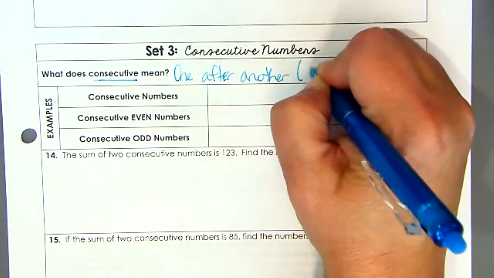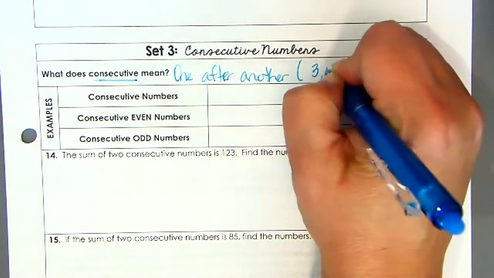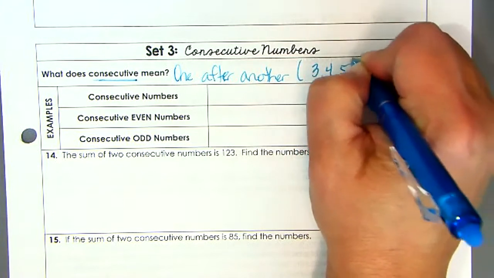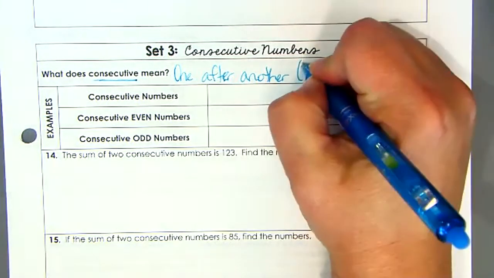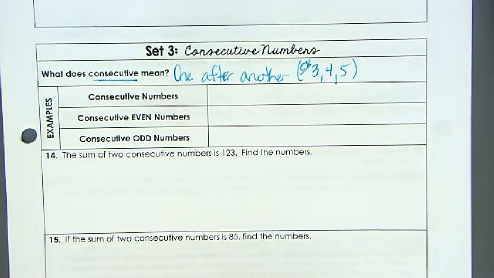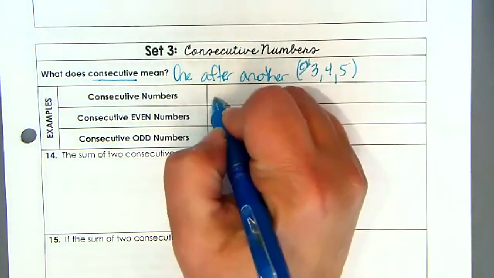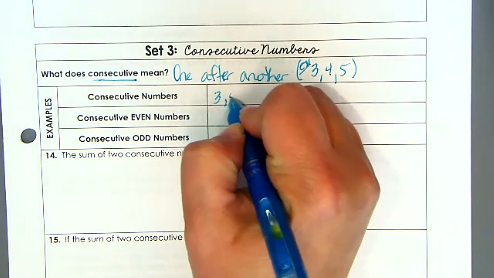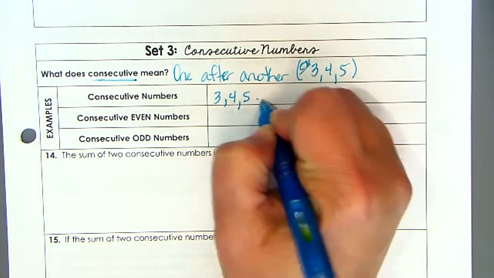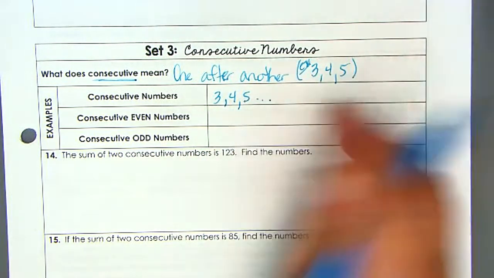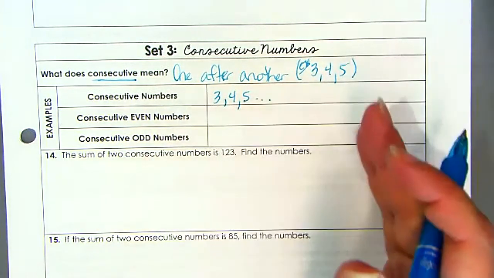For instance, 3, 4, 5. Those are consecutive numbers, okay? That's an example of consecutive numbers. All right, so, oh, which we did right here. 3, 4, 5 are consecutive numbers.